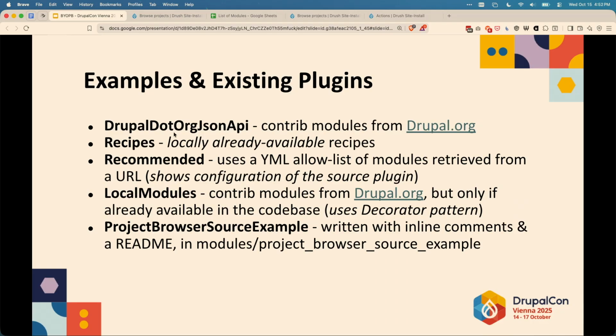Local modules is a good one to look at that uses the decorator pattern. Local modules is basically just like the Drupal.org JSON API, because we're fetching that data from Drupal.org, but only for modules that already exist in your code base.